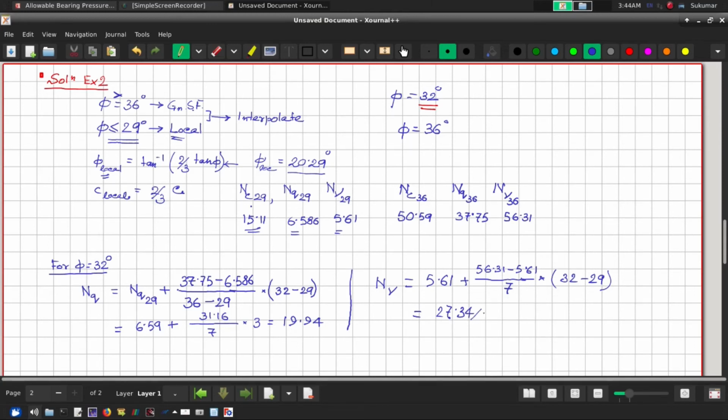All right. So these are my values of NQ and N gamma, which we have got by linearly interpolating.